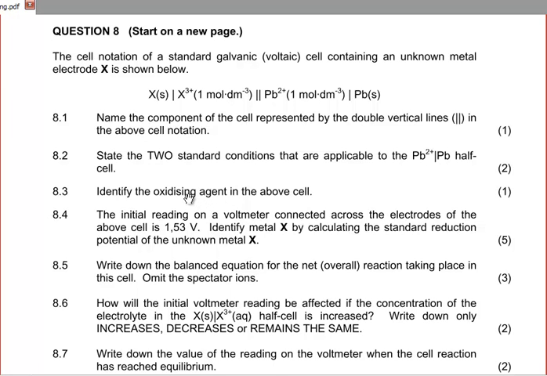An oxidizing agent is a substance that causes the oxidation of another substance and is itself reduced in the course of the reaction. So we can identify it from a reduction reaction, in which we are adding electrons.